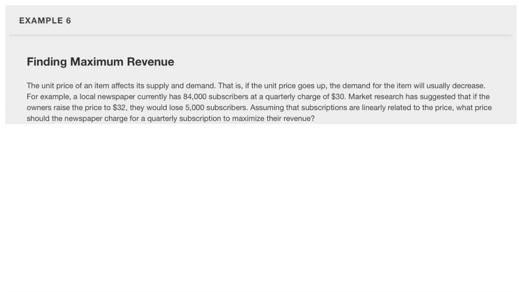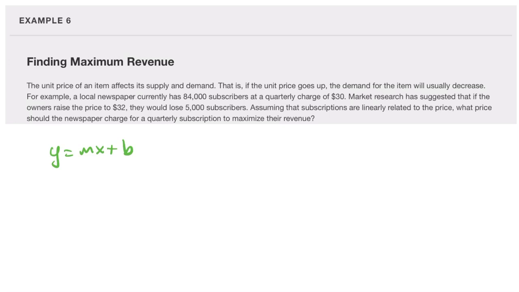So if the unit price goes up, the demand goes down. It says that it's linear, so we're going to be working with y equals mx plus b. A local newspaper currently has 84,000 subscribers at a charge of $30. Let me see.